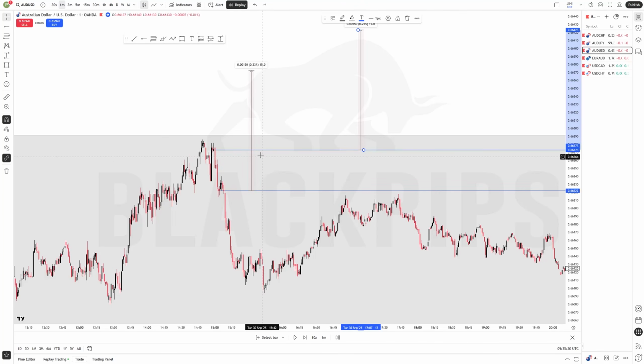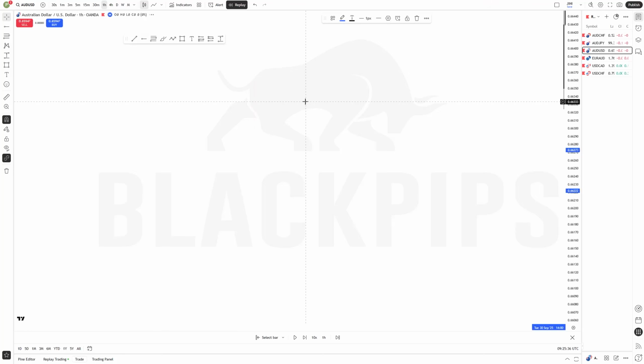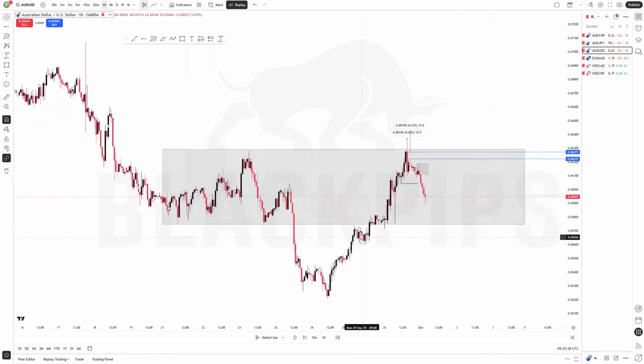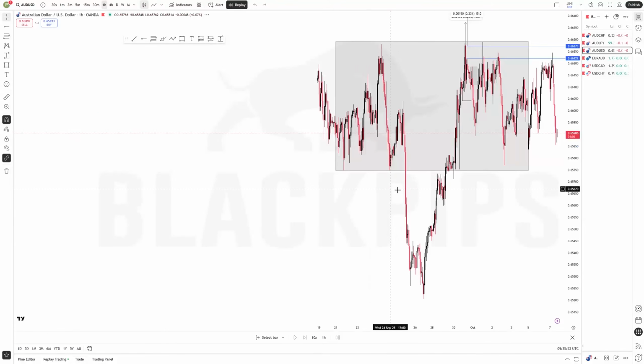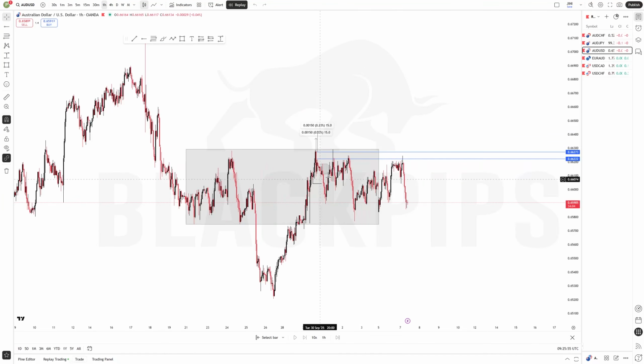You see, we have this one up here, and then we have this one, so we can take them both. And what the price did, the price just came and took both of them, and then moved below like that. So that is how that student traded this entry type 2.